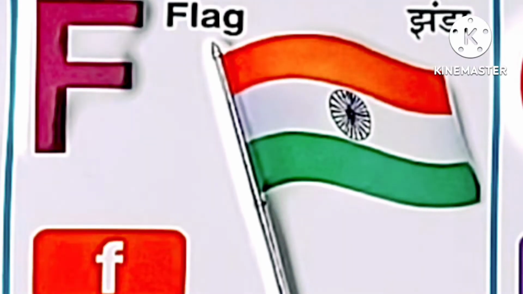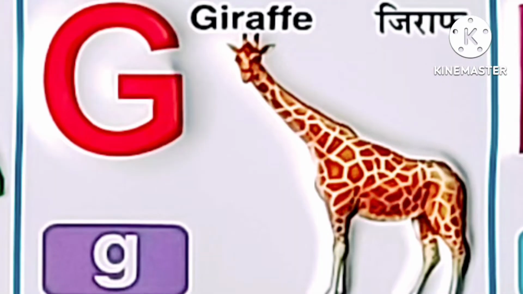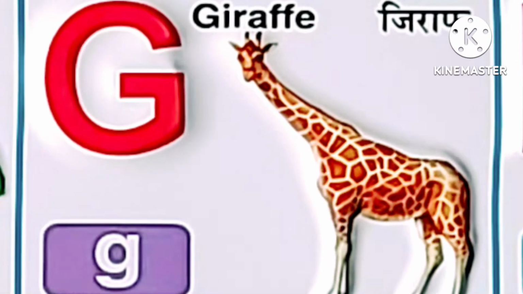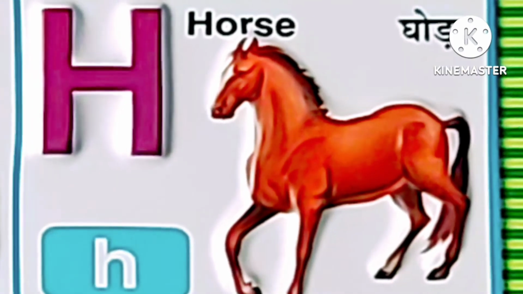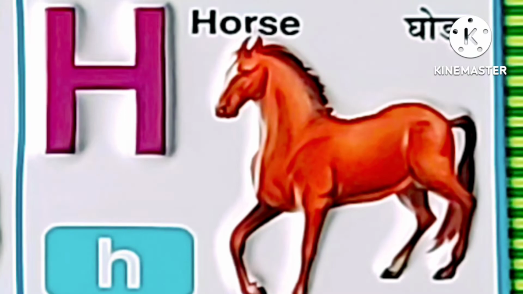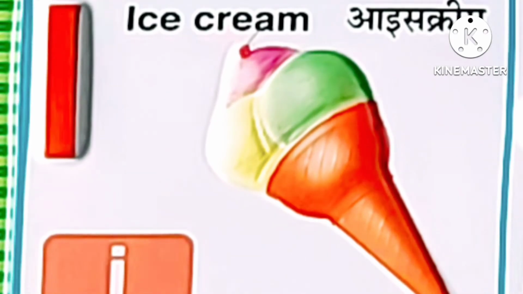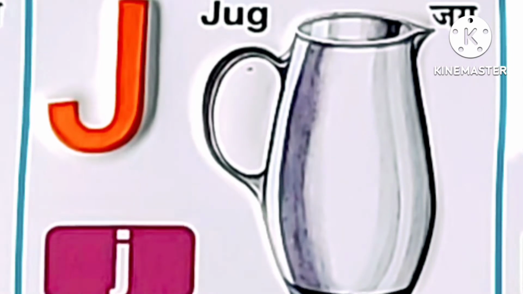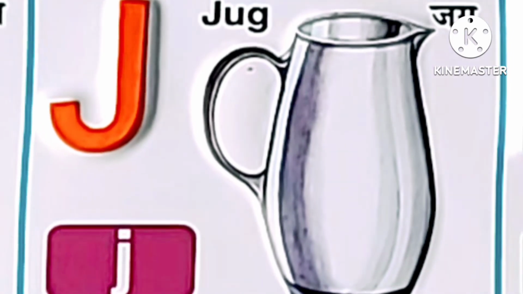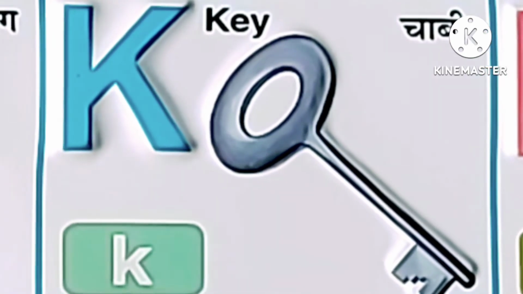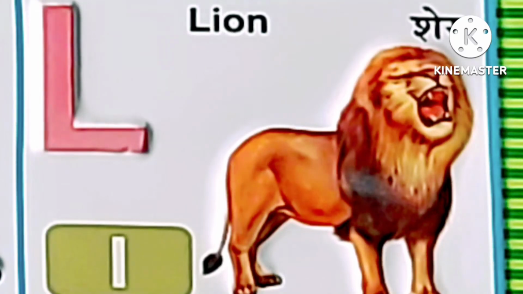F for flag. G for giraffe. H for horse. I for ice cream. J for jug. K for key.